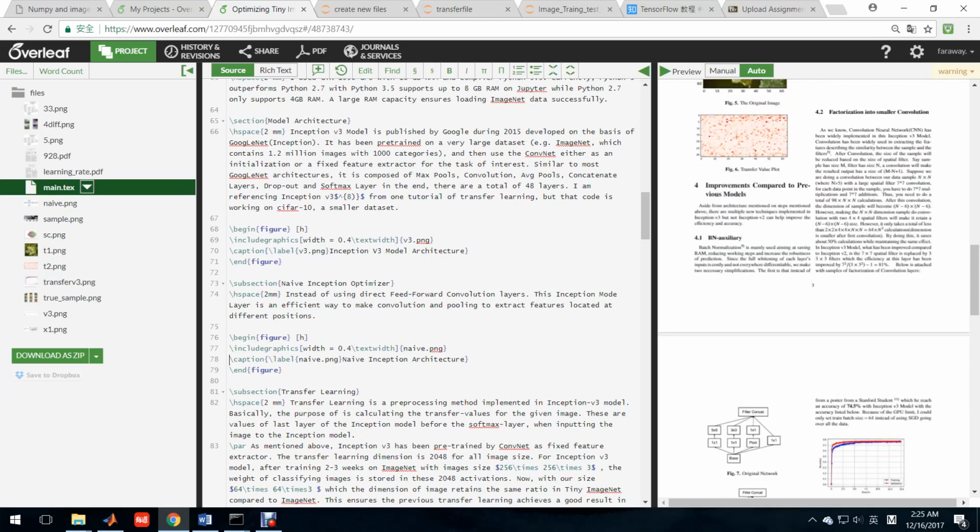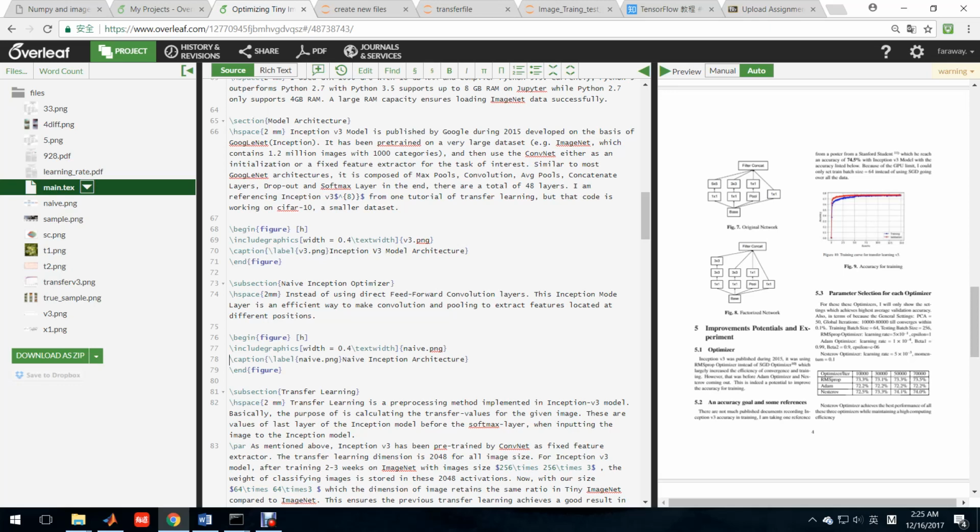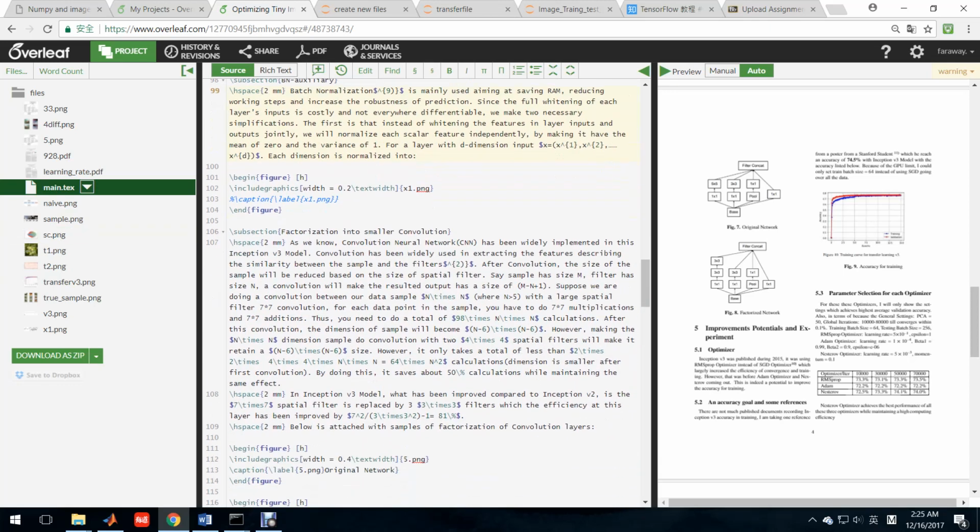Also, Inception V3 includes a method called factorization into smaller convolutions. We can see it from here. It costs a lot to do 5 by 5 convolutions, but if we take two 3 by 3 convolutions, I made an example and was very specific about how much it improves the efficiency right here.